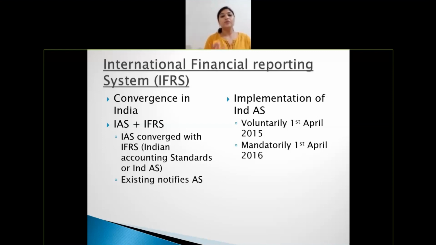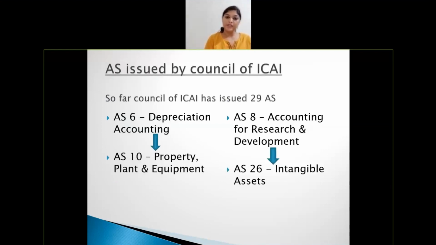But out of those 29 accounting standards, two accounting standards have been withdrawn. AS6, that is depreciation accounting, was withdrawn with changes made in AS10, that is property, plant and equipment, and depreciation has been taken into AS10, and AS6 was completely withdrawn.